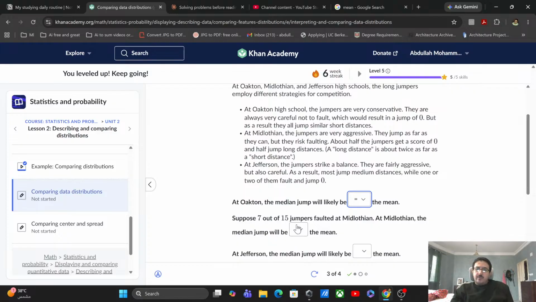Suppose 7 out of 15 jumpers faulted at Middleton. At Middleton, the median jump will be the mean of 7 out of 15 jumpers, which means that the mean is, like we said, the eighth.